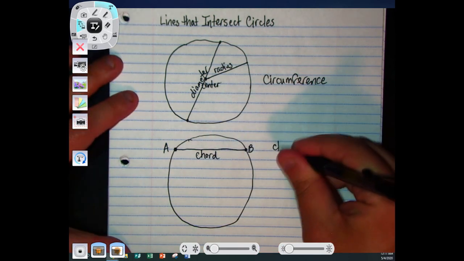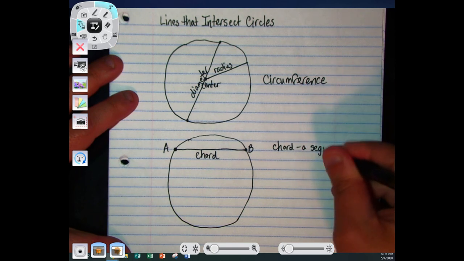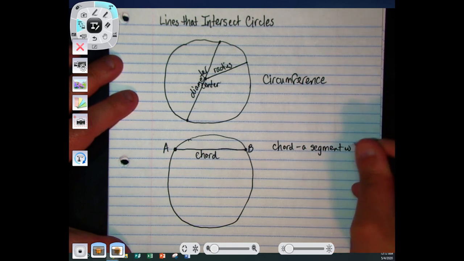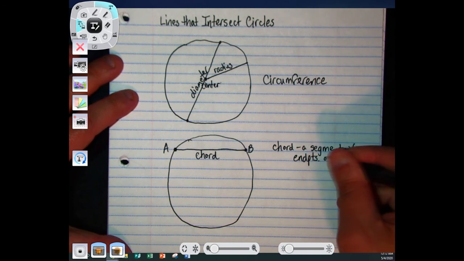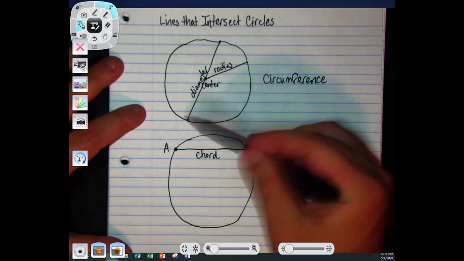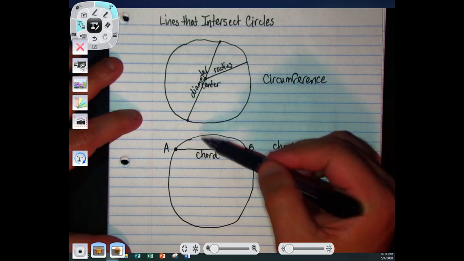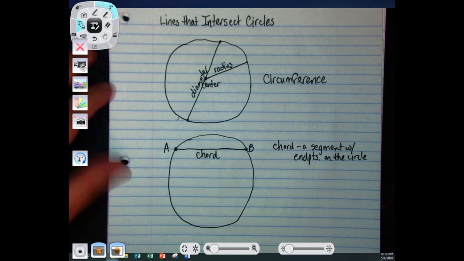So again, a chord is a segment with endpoints on the circle. Any segment. So technically a diameter is considered a chord because it has endpoints on the circle itself.